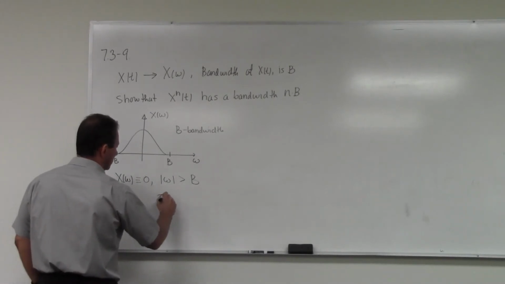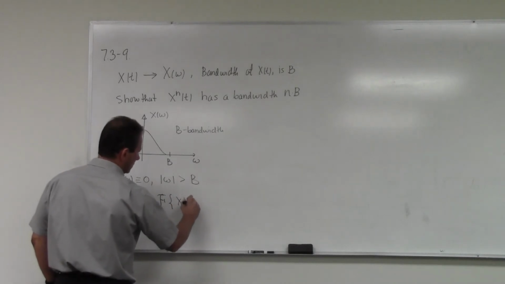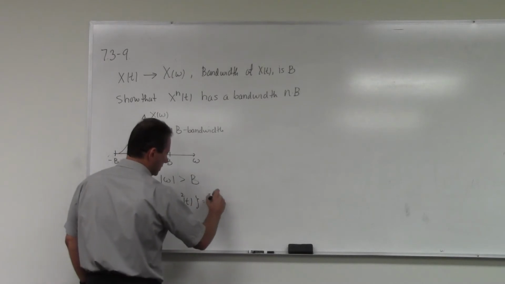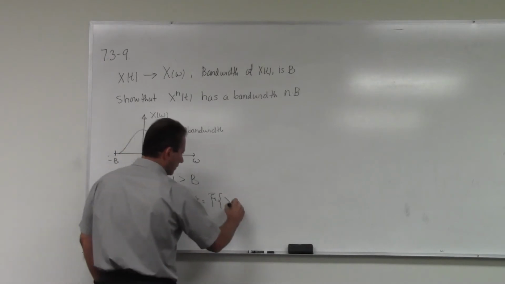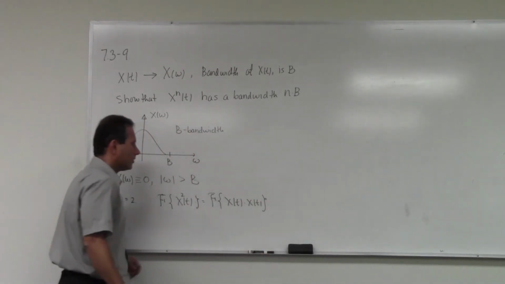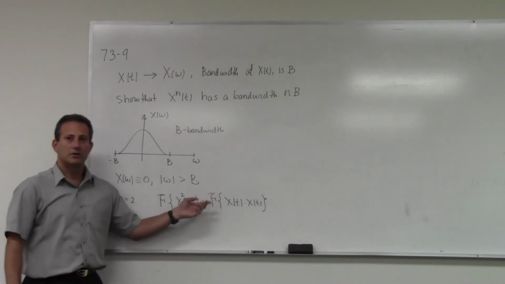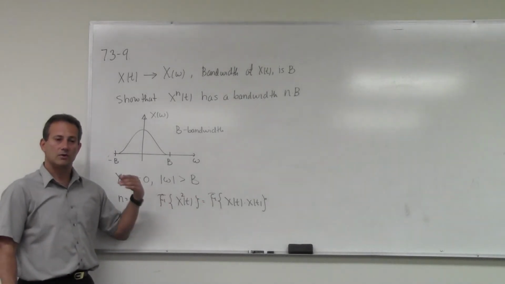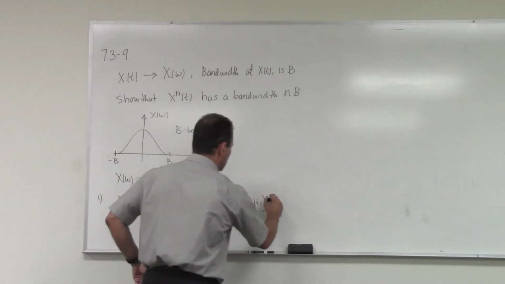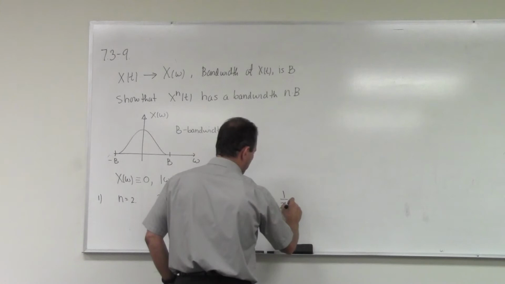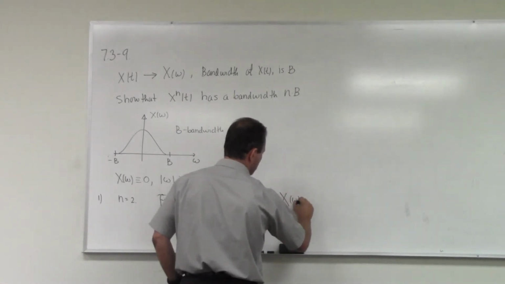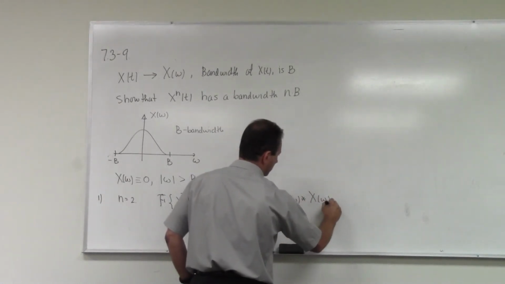Then we are looking at a Fourier transform of x of t squared, which I can say is the Fourier transform of x of t times x of t. Now, the Fourier transform of the product of two functions is the convolution of their Fourier transforms. So this is equal to 1 over 2 pi, or let me just do it notationally, X of omega convolved with X of omega.